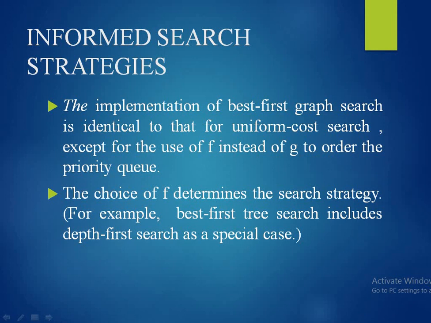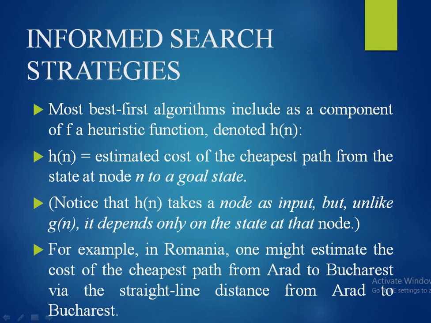The choice of f determines the search strategy. For example, best first tree search includes depth first search as a special case. Most best first search algorithms include as a component of f a heuristic function, which is denoted by h of n.